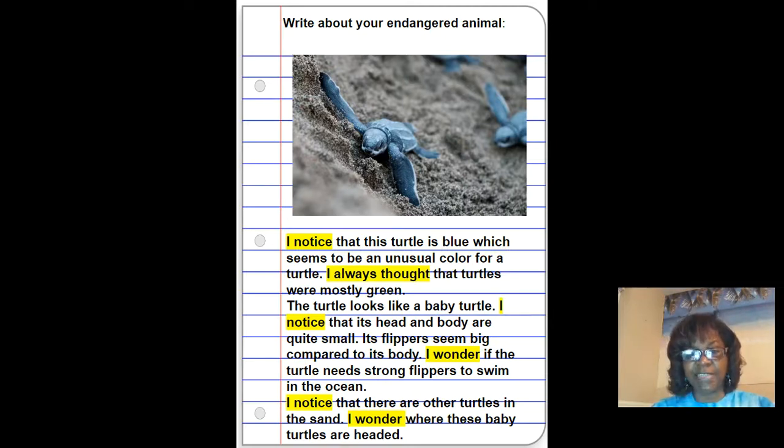I noticed that its head and body are quite small. Its flippers seem big compared to its body. I wonder if the turtle needs strong flippers to swim in the ocean. I noticed that there are other turtles in the sand. I wonder where these baby turtles are headed. So that was my reflection about the picture, and I used the sentence stems that were given in the lesson, and they're highlighted in yellow. So I'm going to move on.